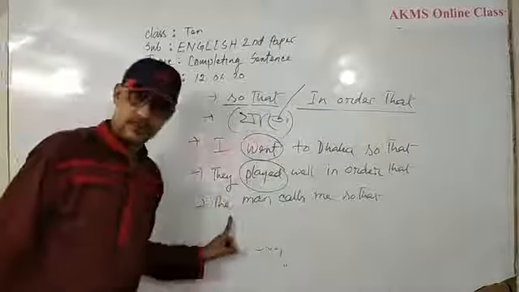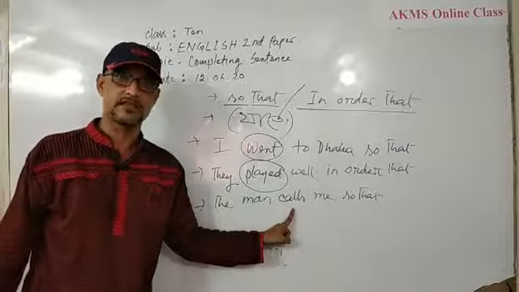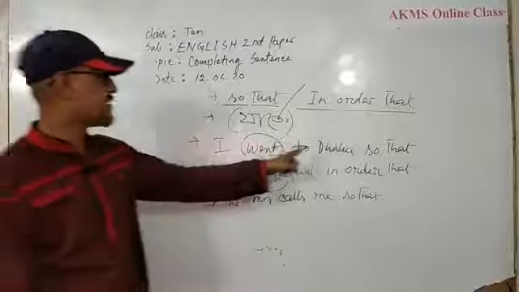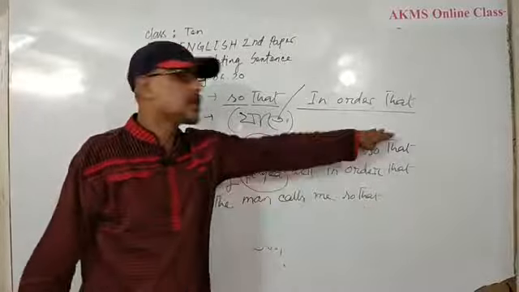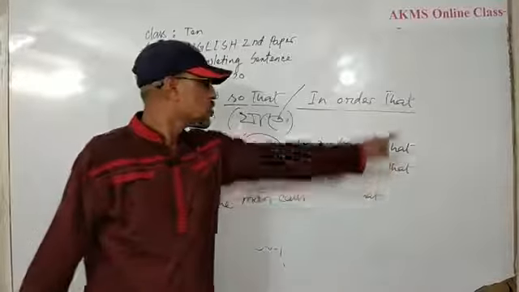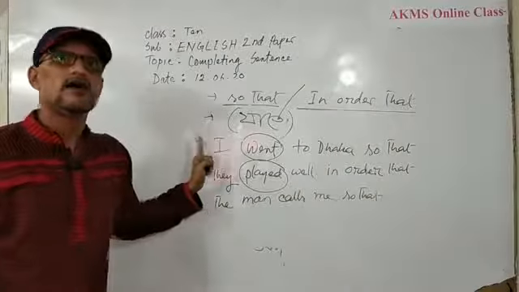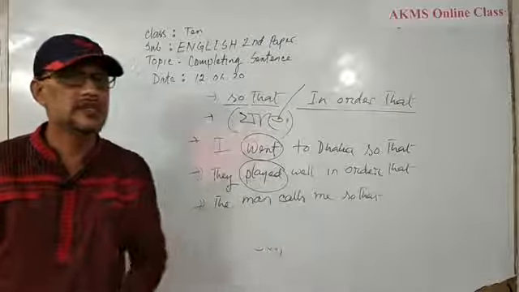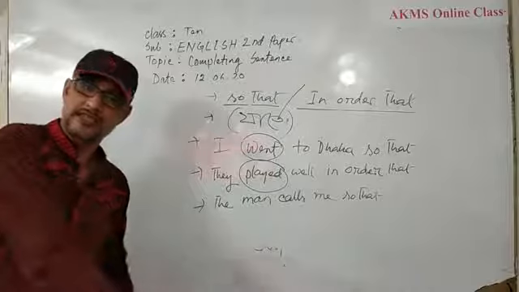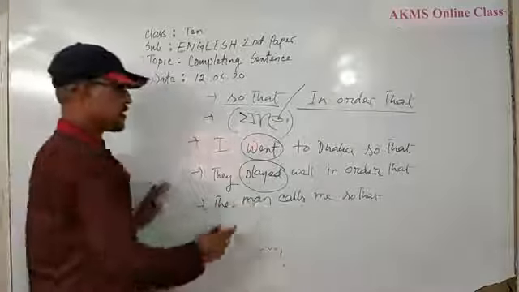In this clause, the verb is in present indefinite tense. So, you can identify: whenever the examiner combines a sentence with the use of so that or in order that, the tense of the first clause may be present indefinite tense or future indefinite tense.